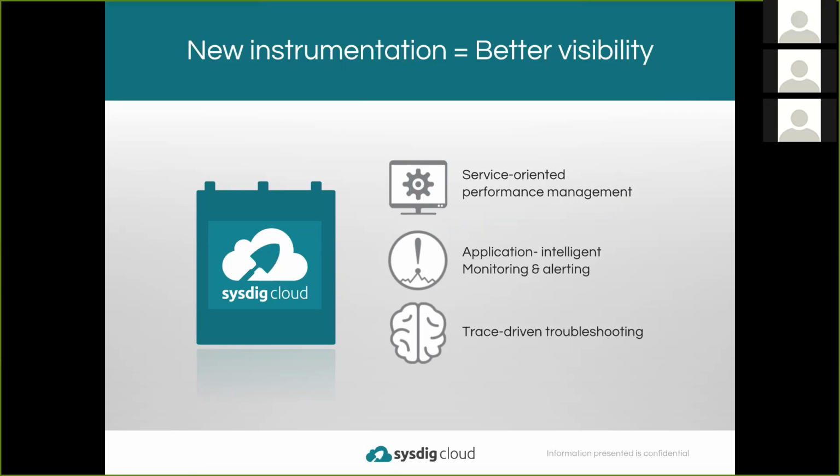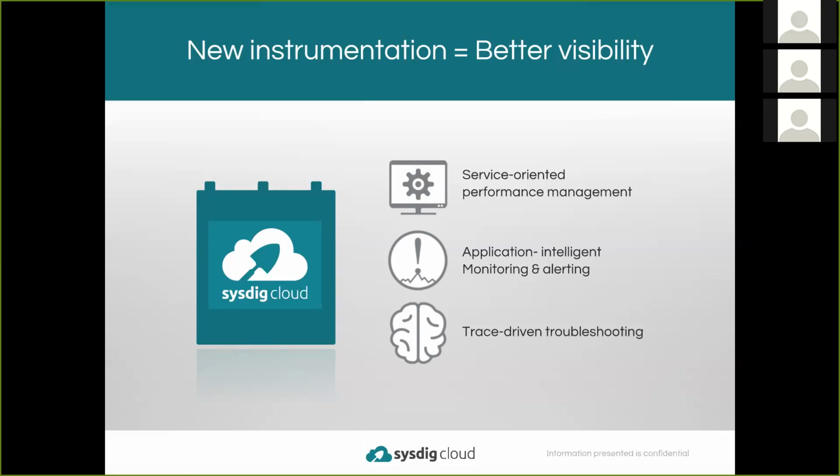So we understand these higher level concepts or services when you run a microservices operated infrastructure. We can give you application intelligent monitoring and alerting, so we can do the monitoring, the alerts, the dashboards, and everything.